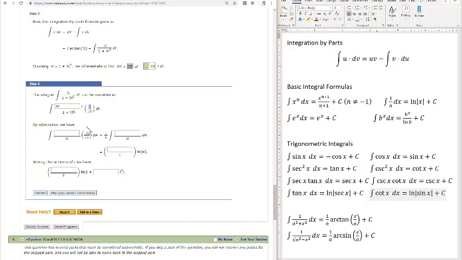That was a little tricky, but the substitution is going to give us the 3 over 18 coming out, and so we just have 1 over w.